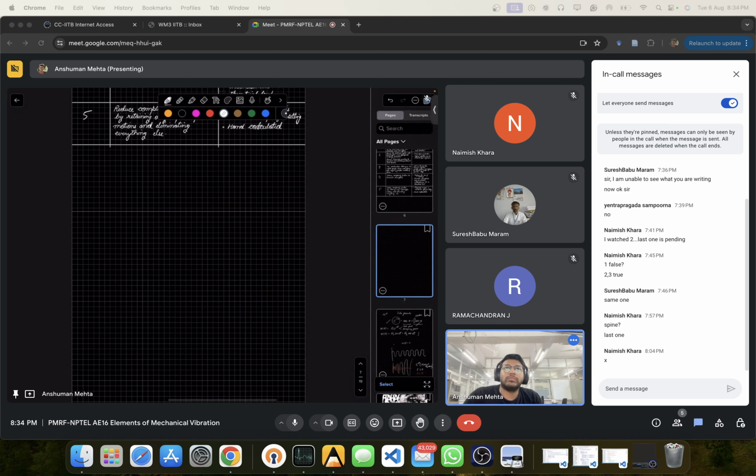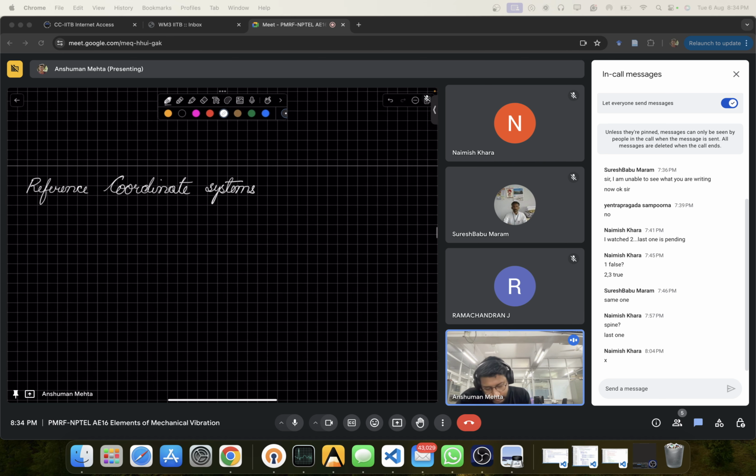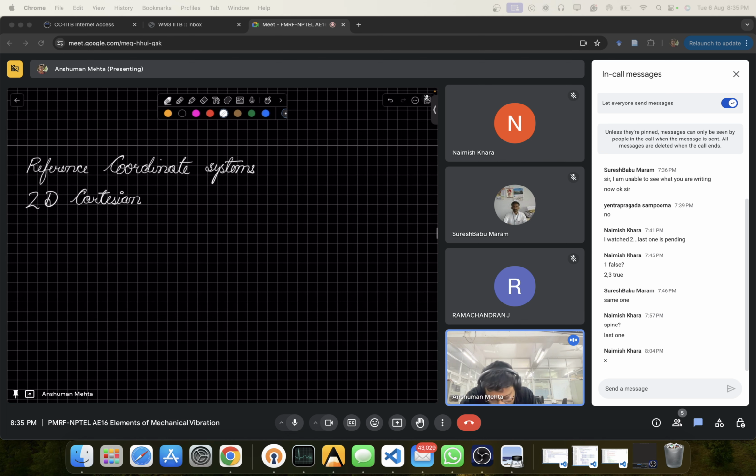Okay, so reference coordinate system. First is 2D Cartesian, which is actually already made in this Notability app, these lines.